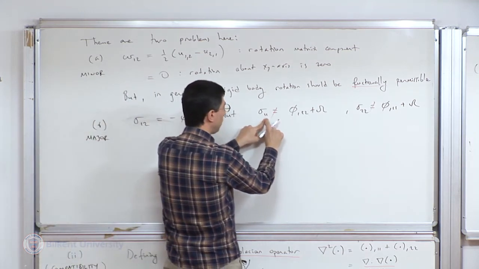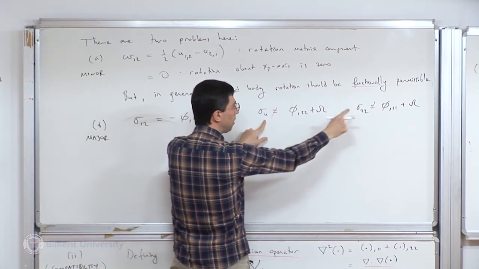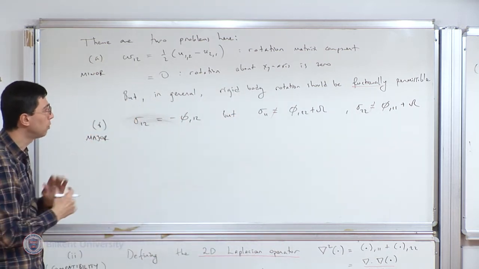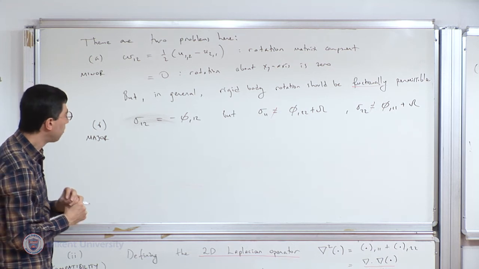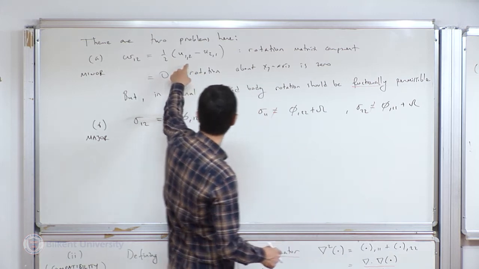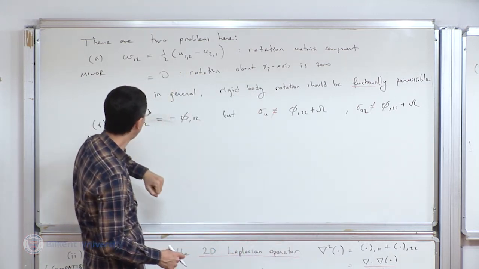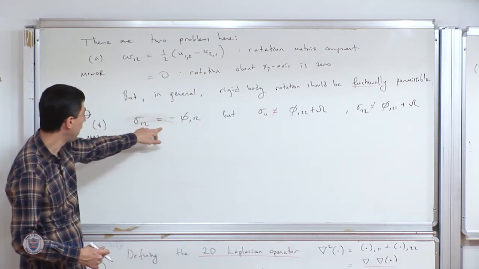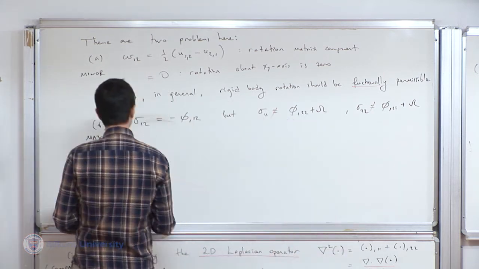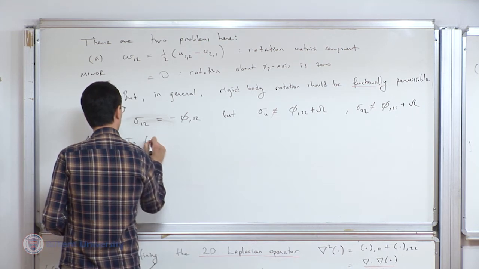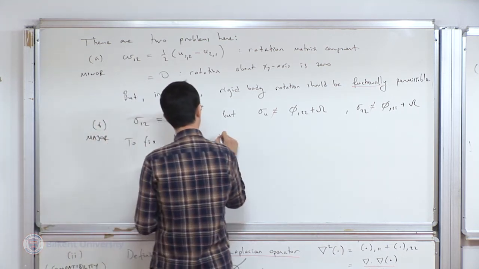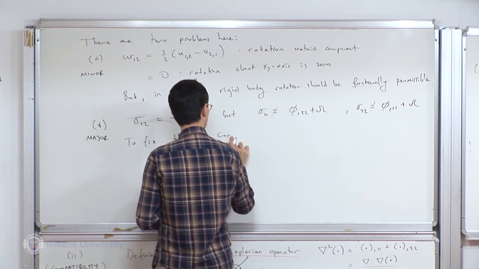On the other hand, sigma 1,1 will not be equal to this, and sigma 2,2 will not be equal to that. So the equality will be violated. So it seems that this naive approach has two problems. One, it doesn't give any general functional form for rotation, and the stresses are not correctly captured. To fix these, I'm going to propose an updated form for displacements.